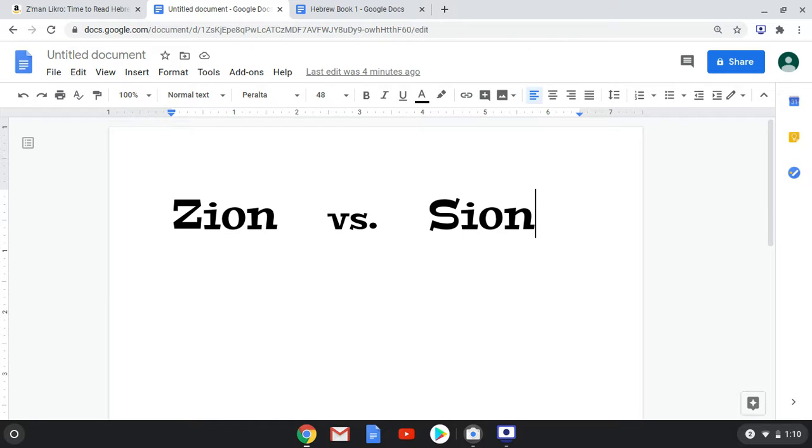But this is the Hebrew word that we often see in English, and it's a common first name right now with a lot of younger children, and we pronounce it as Zion, and Zion begins in Hebrew with the tsadi.